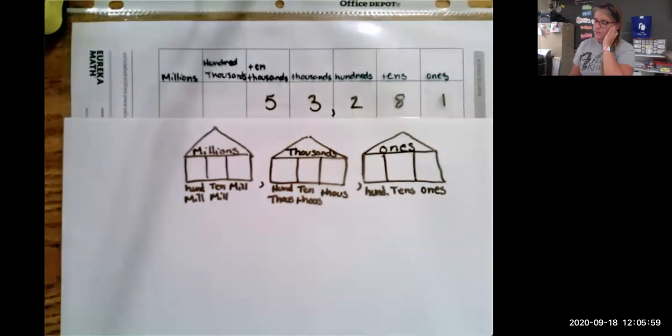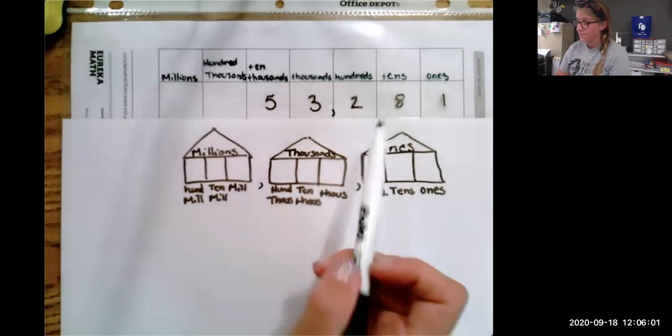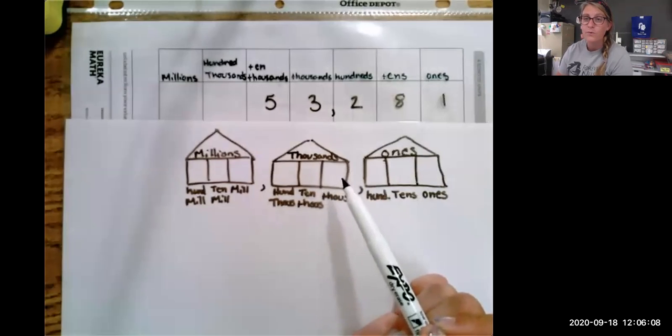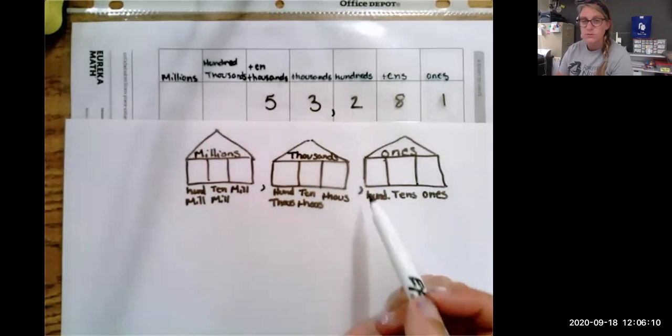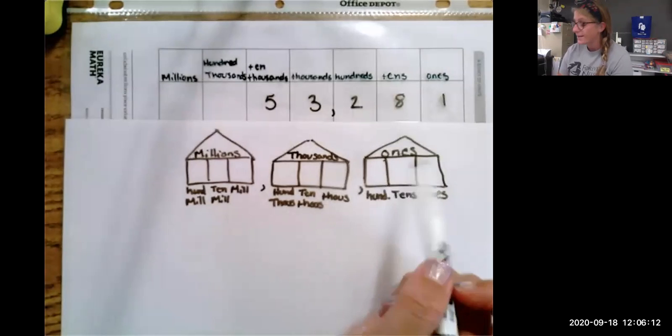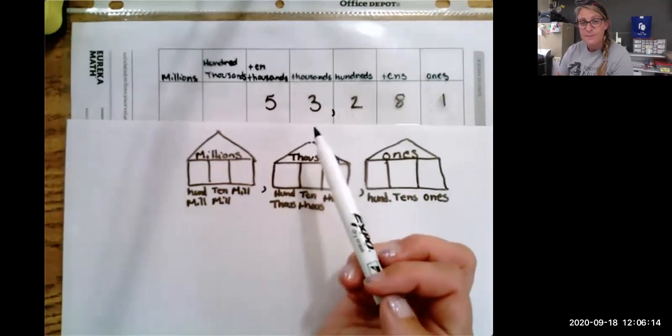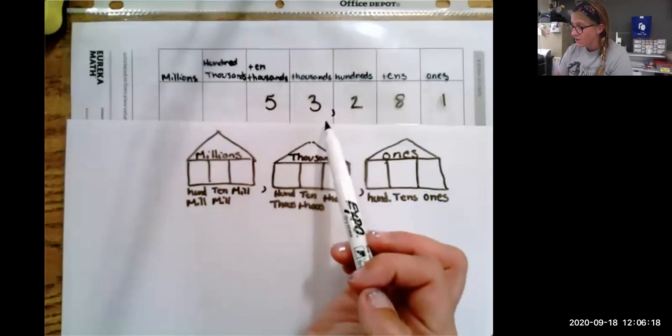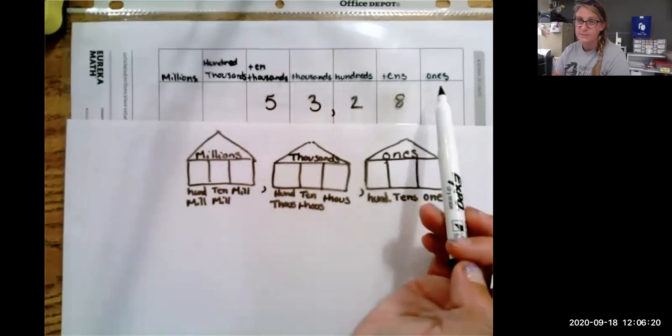Okay, so if we take our original number and put it into our houses, it really helps us remember what we're going to say when we come to the comma. The way I like to teach that we read this number is by reading this piece, saying the comma, and then reading the next piece.